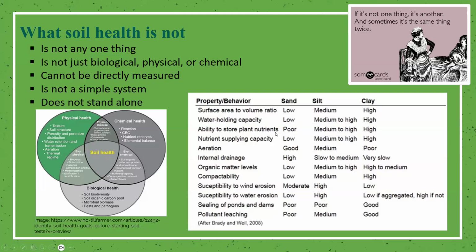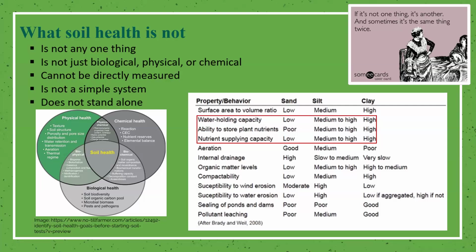But it's even a little bit more complicated than that. For example, if we look at this table, which displays the ability of the different mineral types that comprise soil, we see that sand, silt, and clay impact certain soil behaviors or properties differently. For example, sand has a low ability for water holding capacity, ability to store plant nutrients, and ability to supply nutrients.